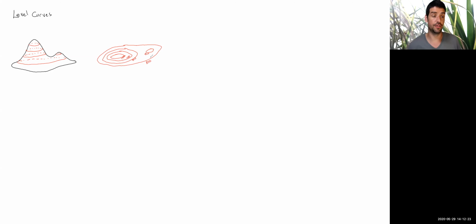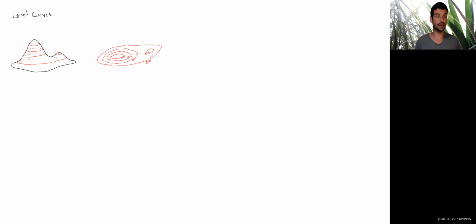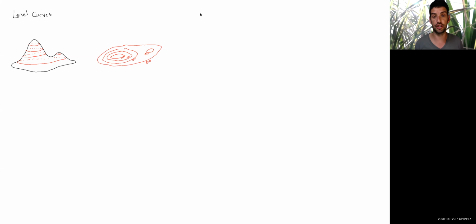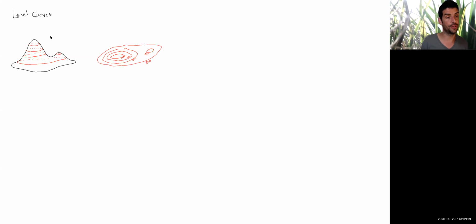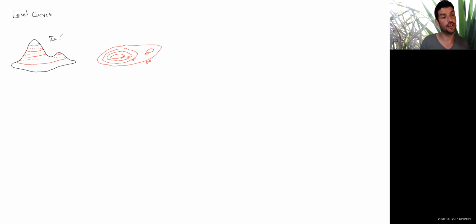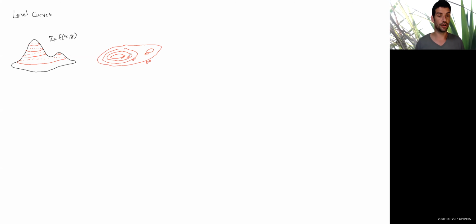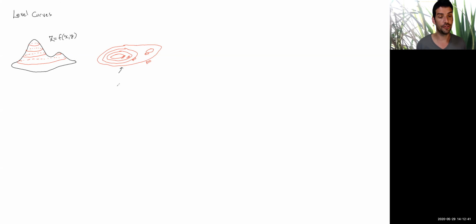So these are what level curves are. If this surface was the graph of the function z equals f of x, y, then this outside curve would be like the intersection between our function and the plane z equals 850.